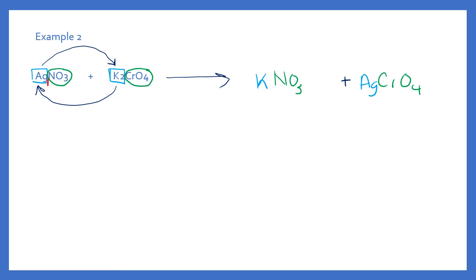So there is a 1 between that silver, and technically there is a 1 on the outside of this nitrate. So the 1 reverse crisscrosses up, means that silver takes a +1 charge. And the 1 between the silver and the nitrate reverse crisscross up, means that nitrate takes a -1 charge. Good.